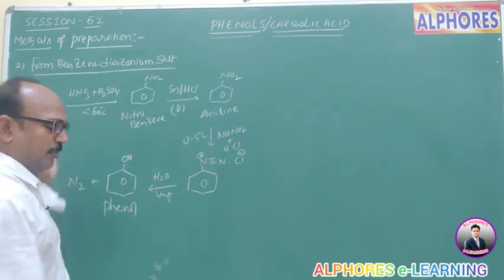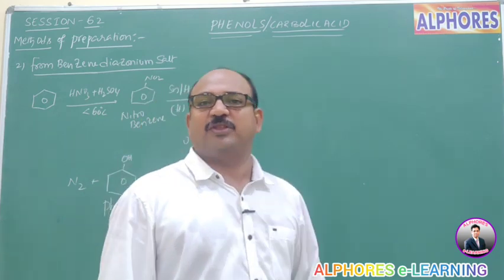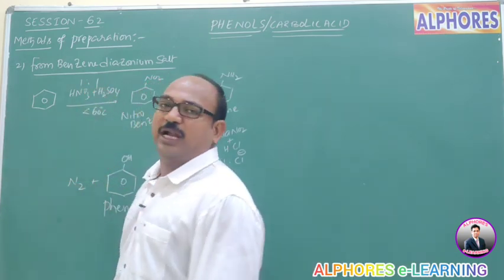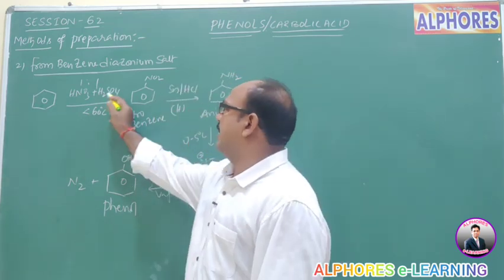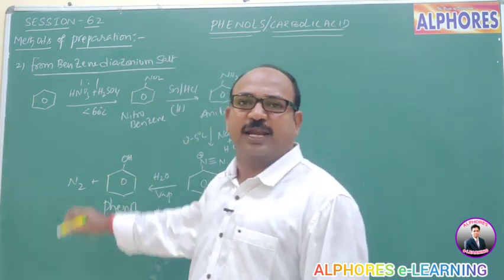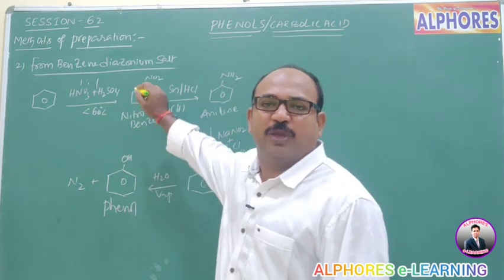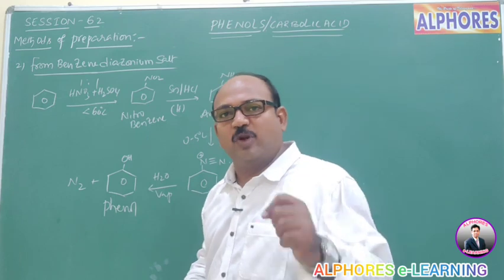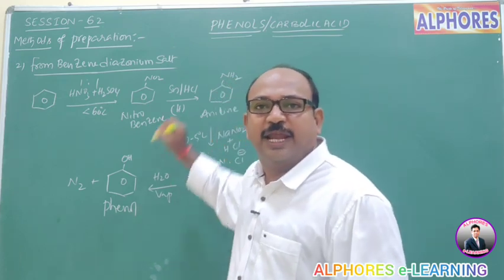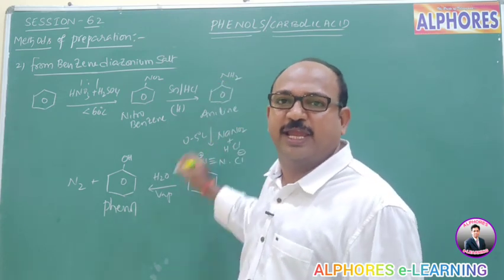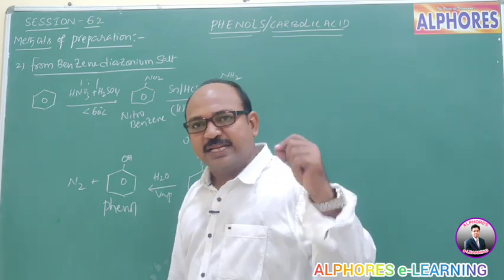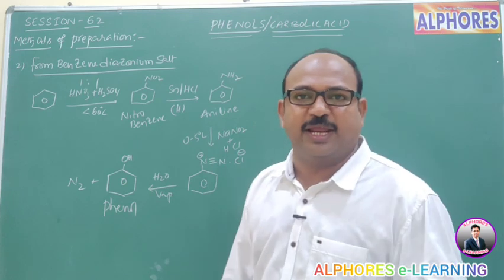Once again, benzene upon reaction with nitric acid and sulfuric acid in a 1:1 ratio, which we call the nitration mixture, gives nitrobenzene. Nitrobenzene upon reduction with Sn and HCl gives aminobenzene, also called aniline. Aniline upon diazotization with NaNO2 and HCl, because HNO2 is unstable, we need to prepare HNO2 inside the reaction.